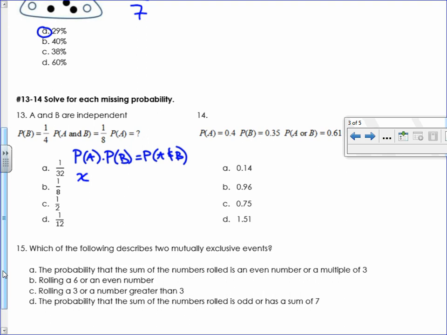Do we know the probability of B? Okay, and sometimes it's easier to change these things to decimals if you want. So you could change that to decimal. And that's going to equal the probability of A and B. So basically, you're just going to divide both sides by 1/4. All right? Is everybody clear about that? Or you can multiply both sides by 4. So how about we do it like that? So multiply both sides by 4.